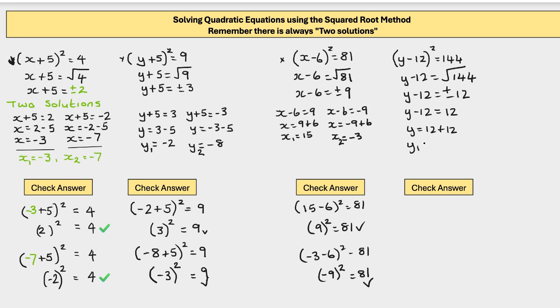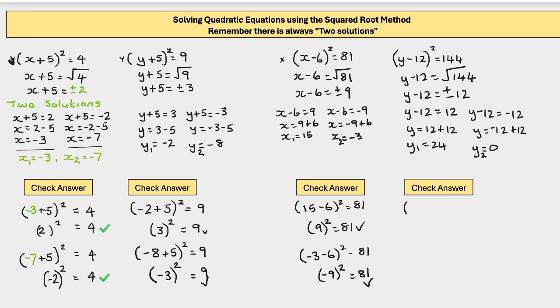So our first solution, y1 equals 24. And the next one, y - 12 = -12. y = -12 + 12. y = 0. So our second solution equals 0.